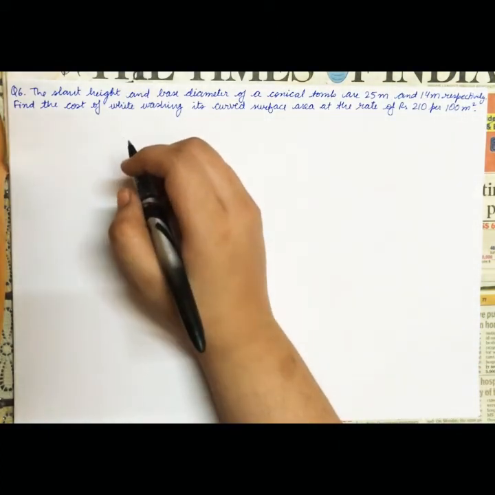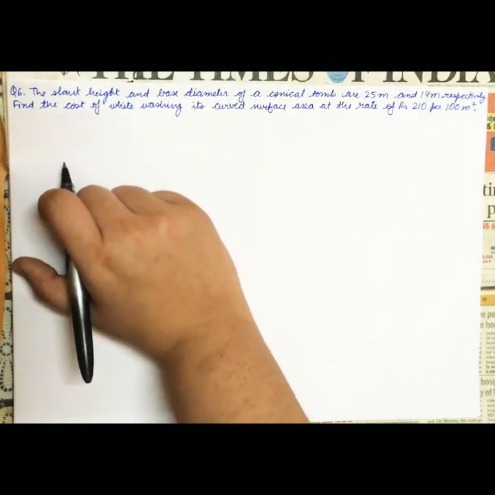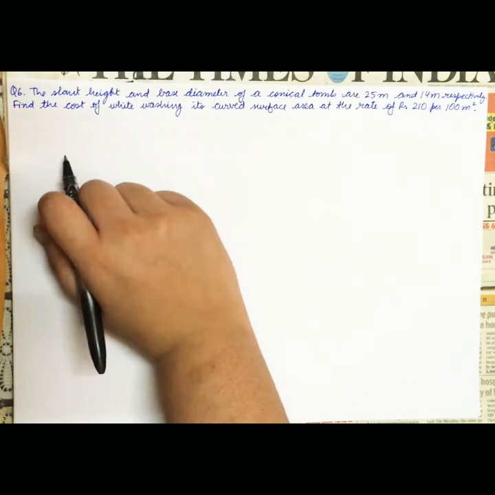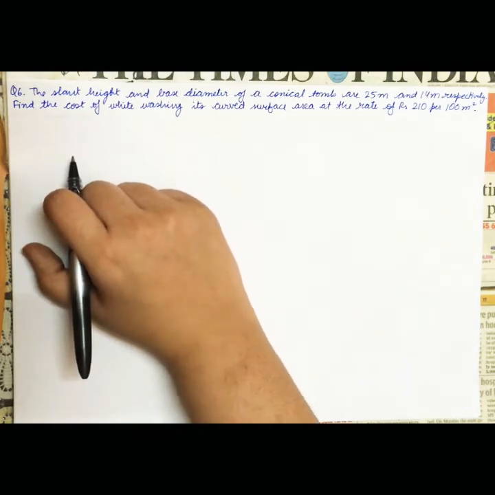Question number 6. The slant height and base diameter of a conical tomb are 25 meter and 14 meter respectively. Find the cost of whitewashing its curved surface area at the rate of rupees 210 per 100 meter square.